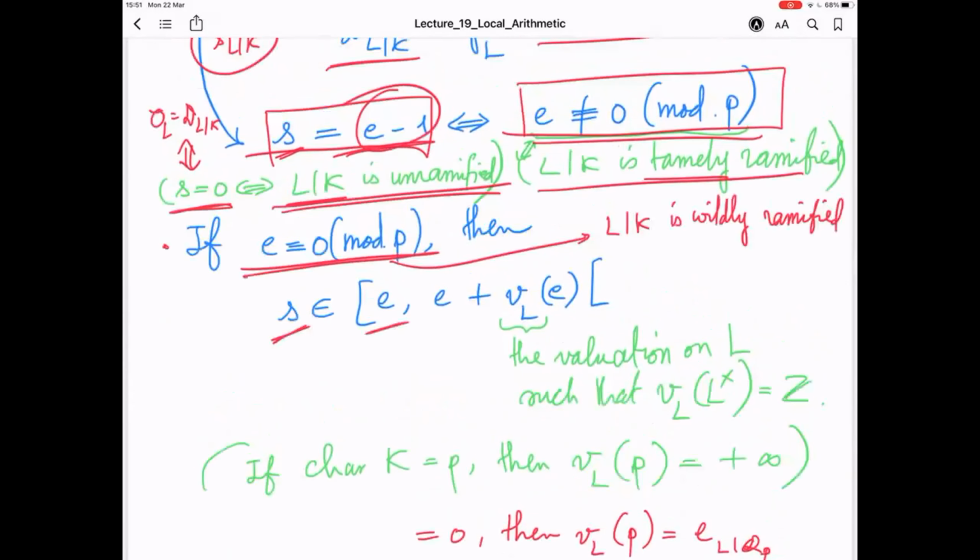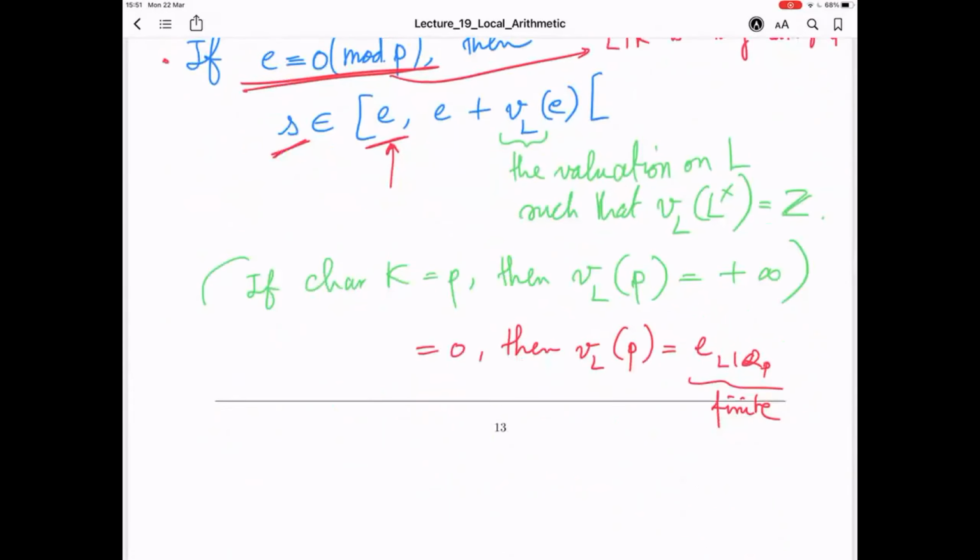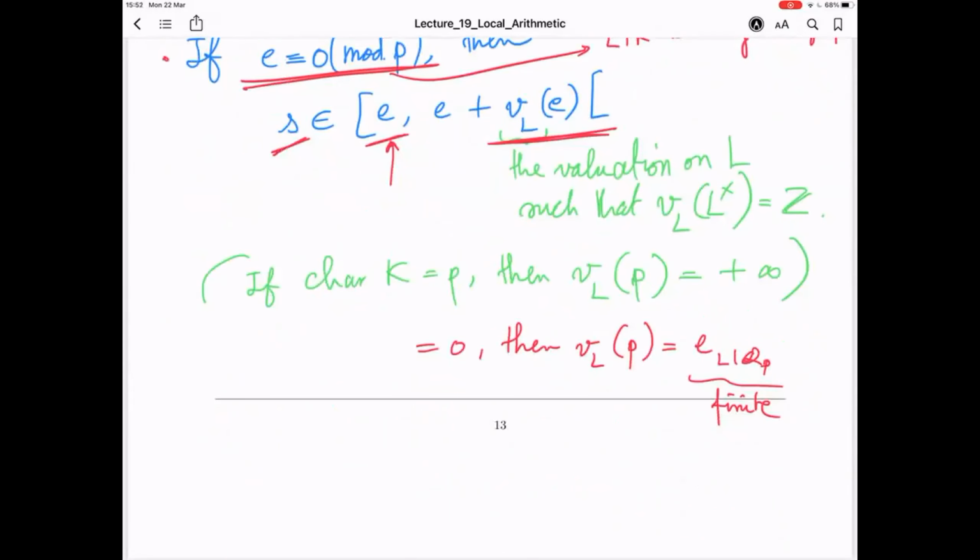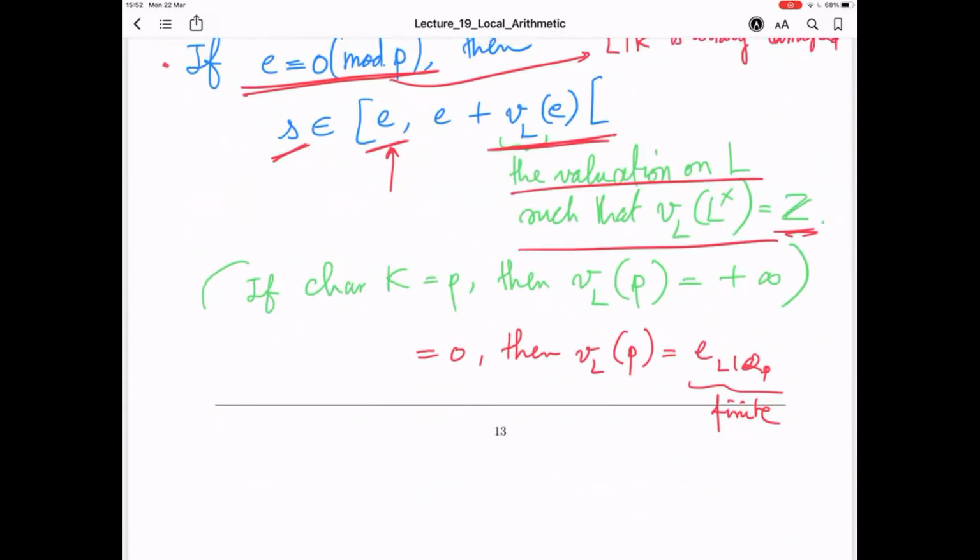What is VL of E? VL is the valuation on L such that VL of L star is equal to Z. It's called the normalized valuation on L. And E is an element of L, I mean, E is in Z, so it is in OL, and therefore VL of E makes sense.